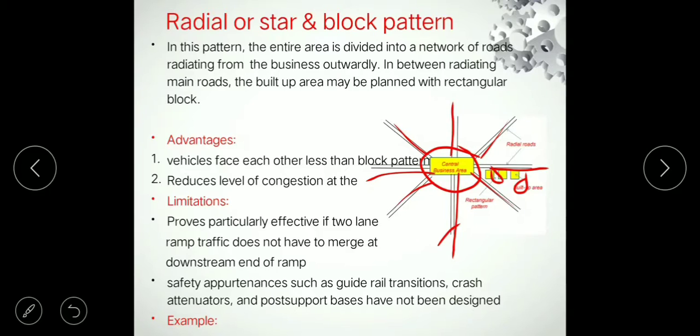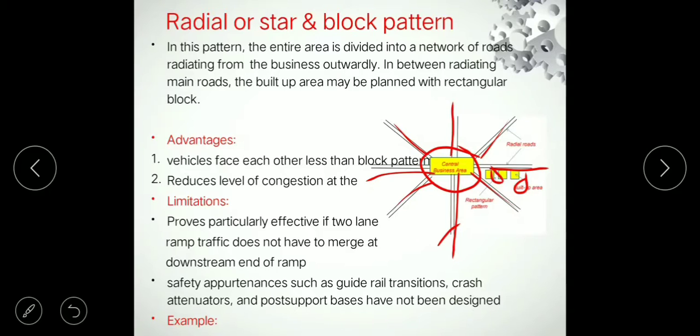There are again some advantages. Vehicles face each other lesser than in the block pattern. As compared to the previous method, here the facing is less, so there is less congestion. Okay, limitations. This proves particularly effective in two-lane ramp traffic.